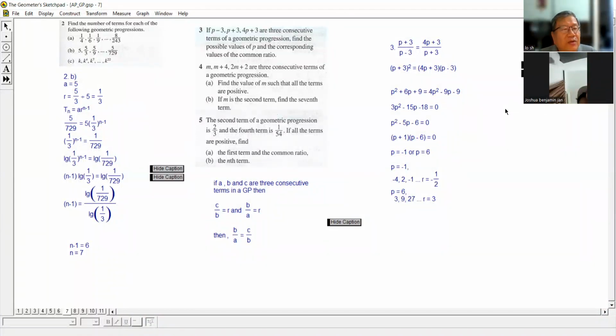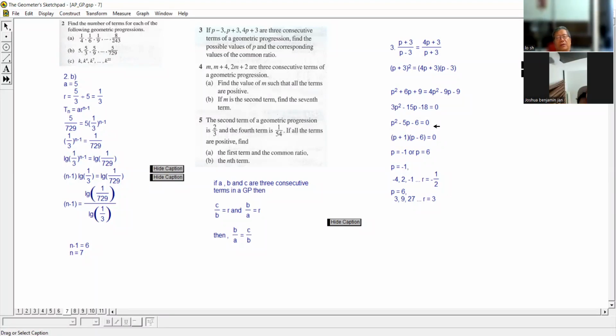This quadratic equation you do in mathematics, Form 4 or Form 5. I think in Form 3 they learn quadratic, they have to factorize. So you divide by 3, and you get a very simple quadratic equation. Using trial and error, you factorize the quadratic equation.